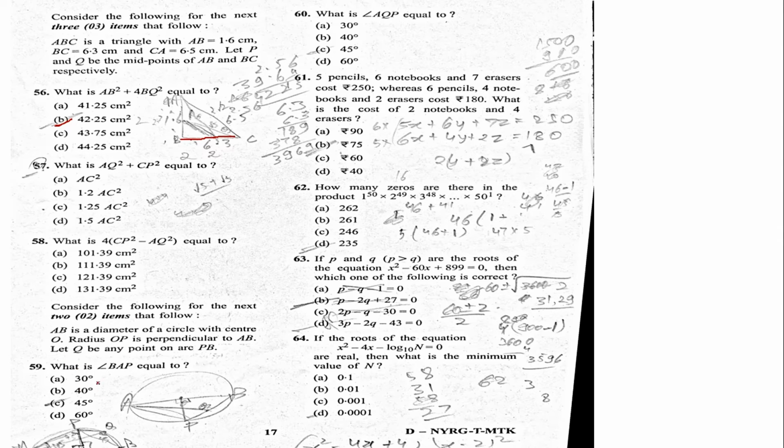Now proceeding further, the BAP here. AB is the diameter, so 45 degree will be the right answer here. BAP will come out to be 45 degree. Radius is OP, O is here.